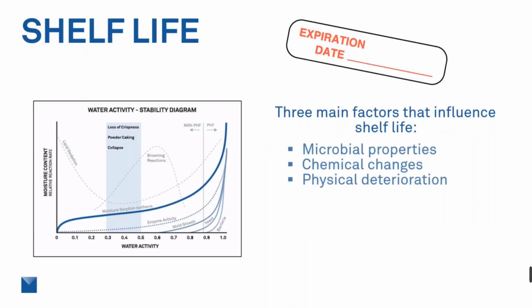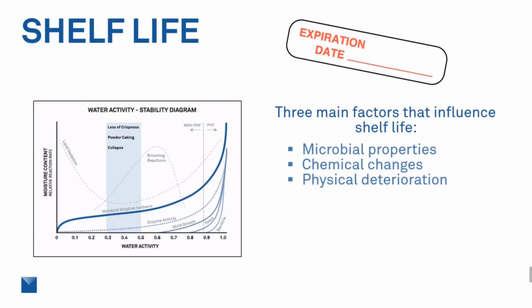There are three main factors that influence shelf life. So we have the microbial properties, chemical changes, and physical deterioration. Microbial properties obviously is like mold or potentially hazardous bacteria that will grow. Chemical changes, so browning, oxidation, enzymatic reactions, those things like that, and physical deterioration.